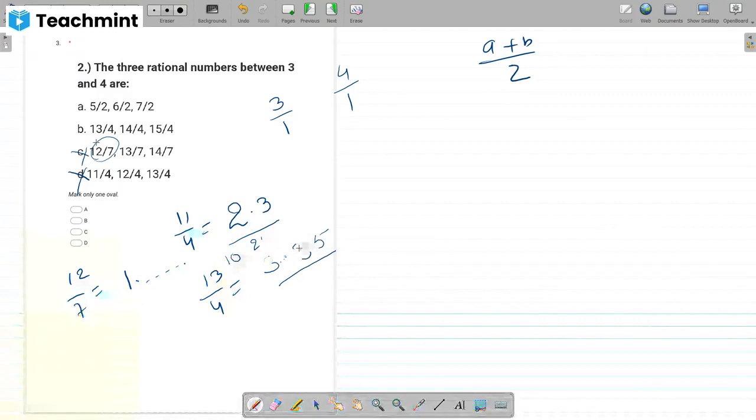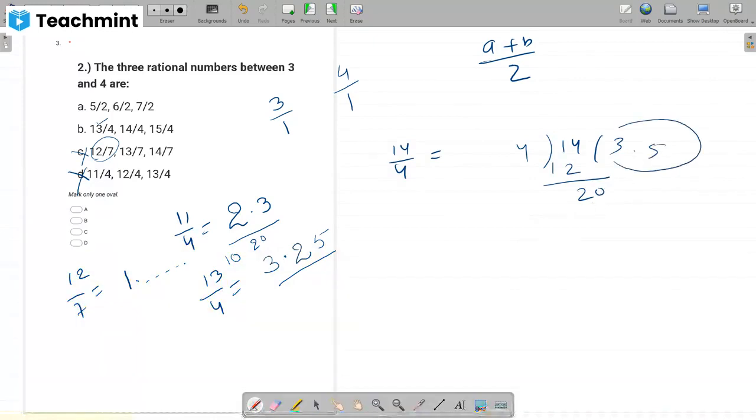So this number, 3.25, lies between 3 and 4. Now we will check the second number, 14 by 4. When you divide this 14 by 4, 4 3s are 12, 2 left, 4 5s are 20. So this number is also between 3 and 4.